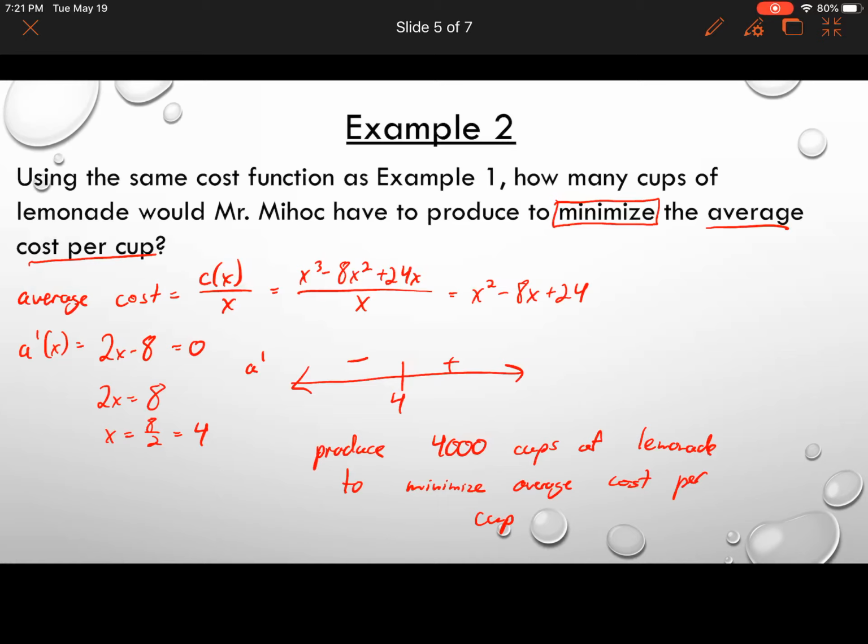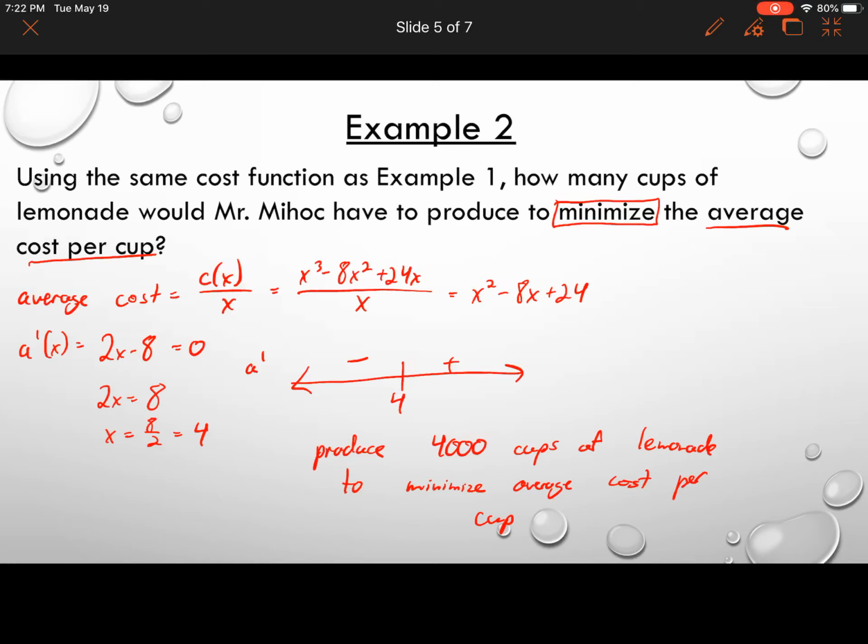Because in this real-world example, even though we would have minimized our average cost, our revenue probably would not have been maximized. Our revenue would have been smaller than had we sold 5,000 cups of lemonade, which makes sense.